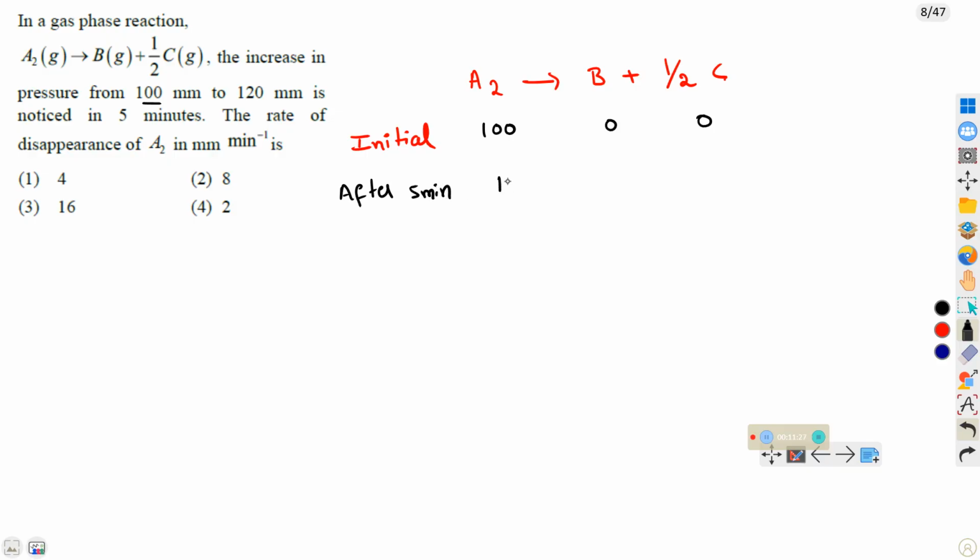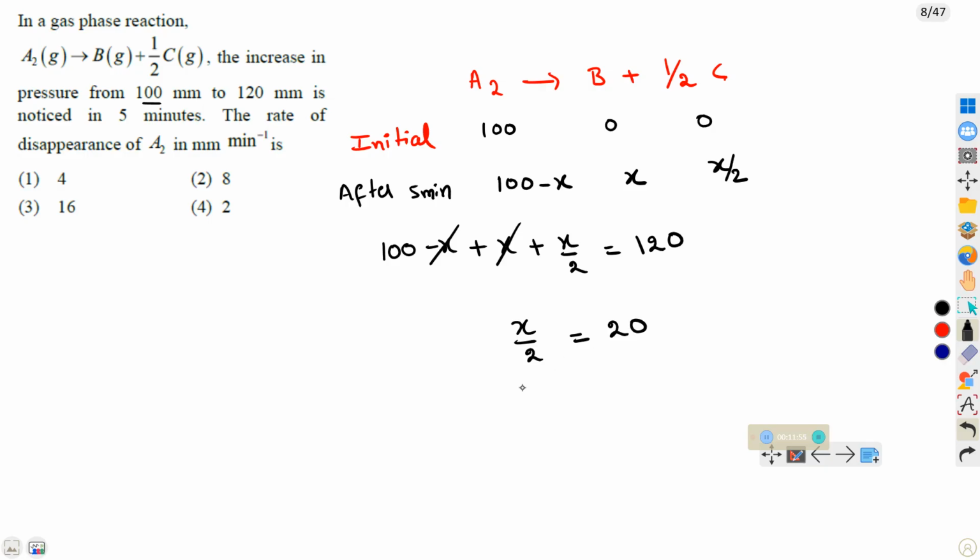X amount of the substance is dissociated, then 100 minus X, and X by 2. So total pressure after 5 minutes is 100 minus X plus X by 2, which is given as 120. Minus X plus X cancel. X by 2 is equal to 20.